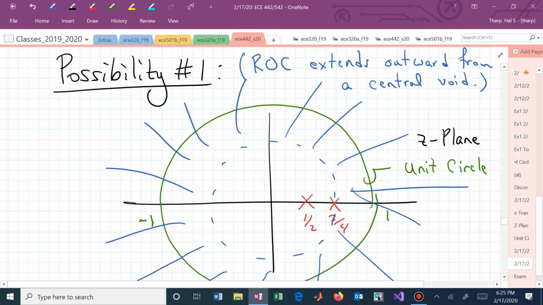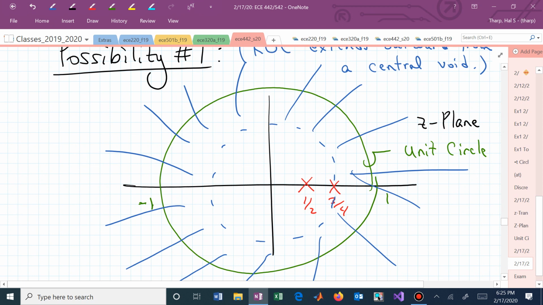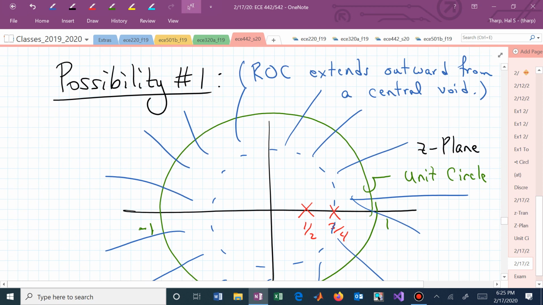What can you tell me about this scenario? Christian's going to tell me that the region of convergence is where? The region of convergence is outside all the poles, isn't it? And from that, so here ROC is outside all poles.